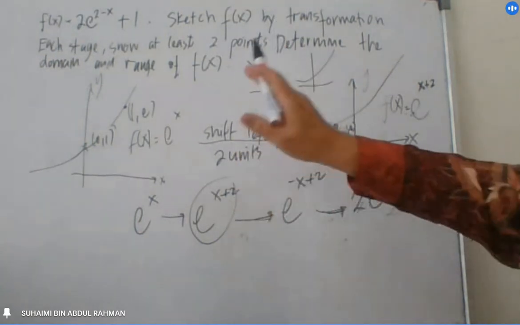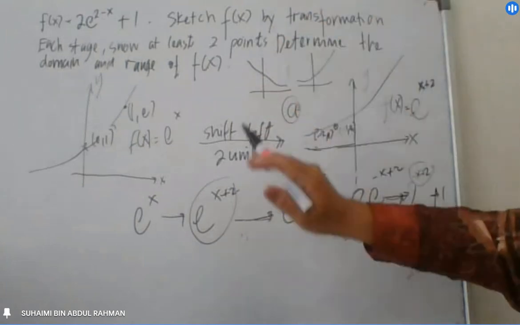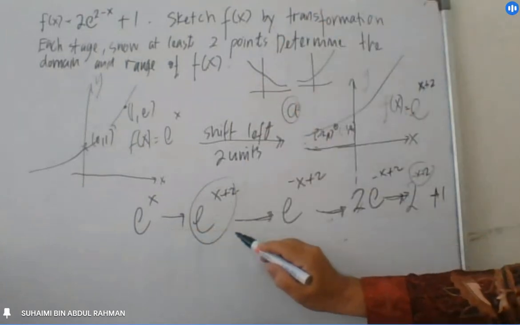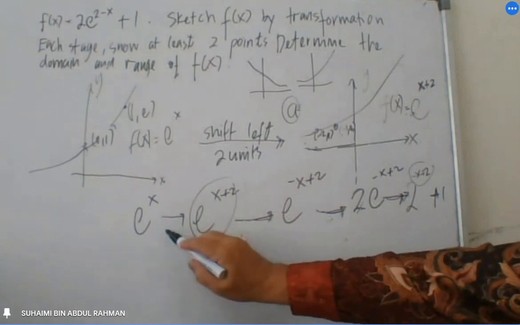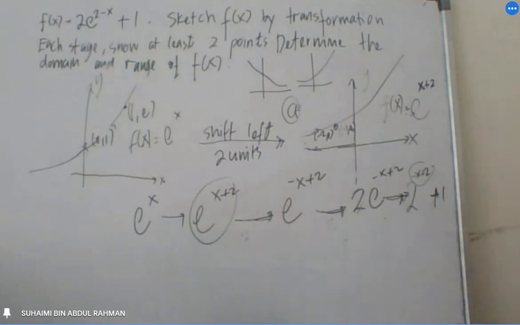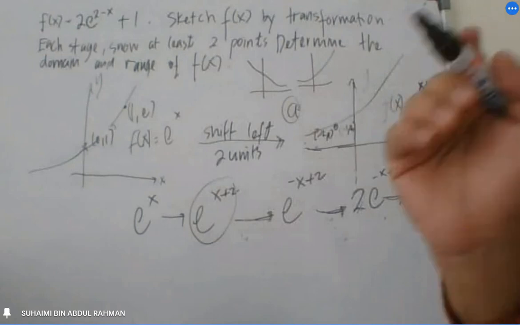Therefore, in this kind of example, we have all 4 transformations: 1, 2, 3, 4. The example before involved only 2, the previous one involved 3, but now it involves all 4. You try.